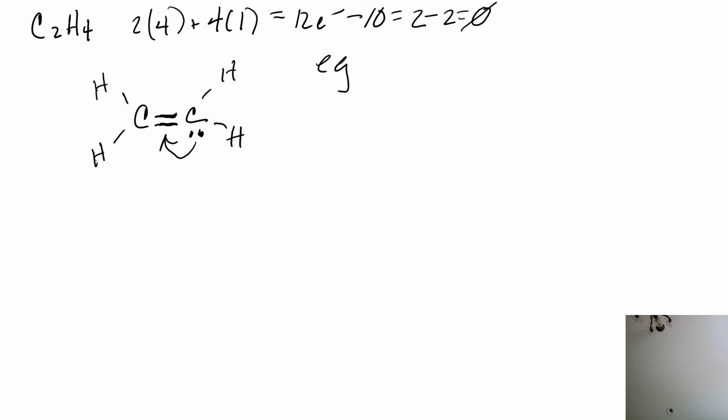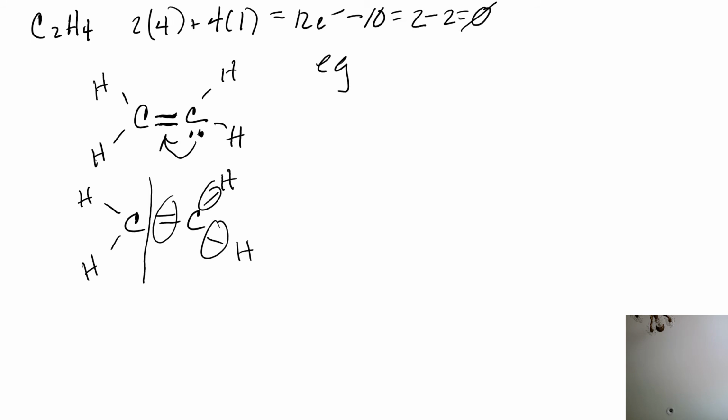Electron geometry. Let me redraw my structure here. Since both of the bonding patterns for those carbon atoms are equivalent, we can just look at one of them.